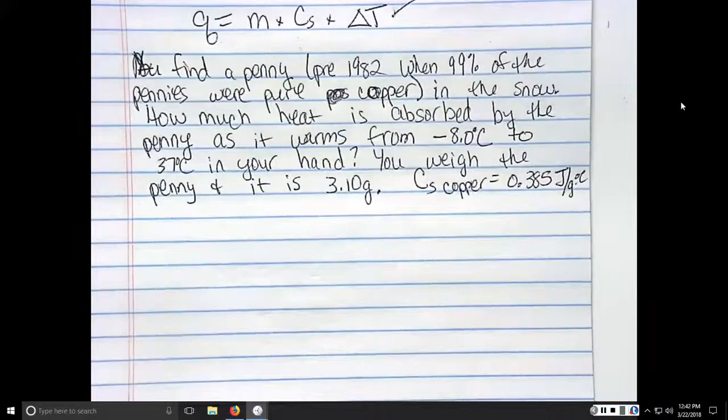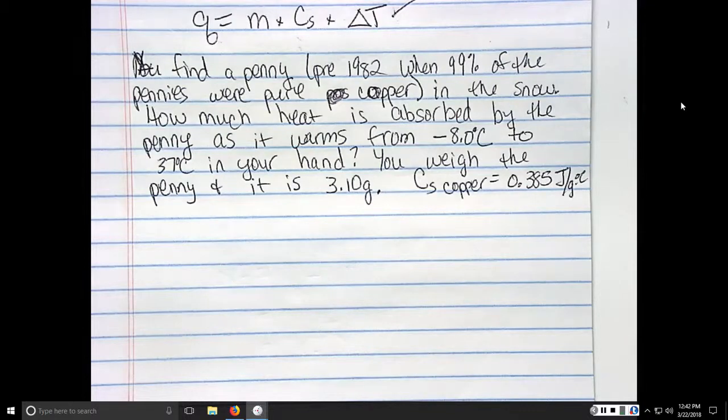Okay, that's the specific heat of copper. Also, keep in mind, if you ever are looking up these specific heats, make sure you're looking them up in terms of joules, not calories. I mean, calories is fine, technically true, but we're not using them in here. And most of your problems are going to require the use of joules.